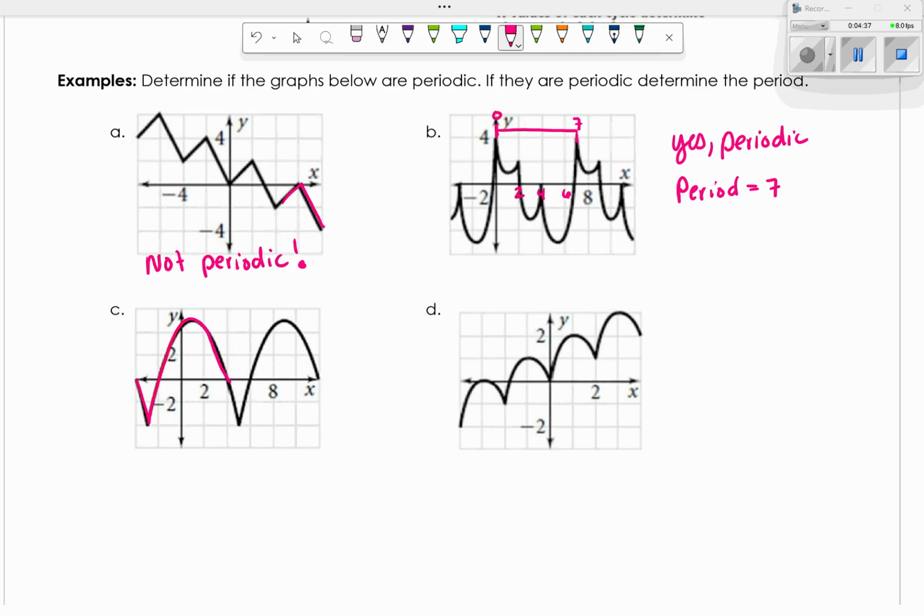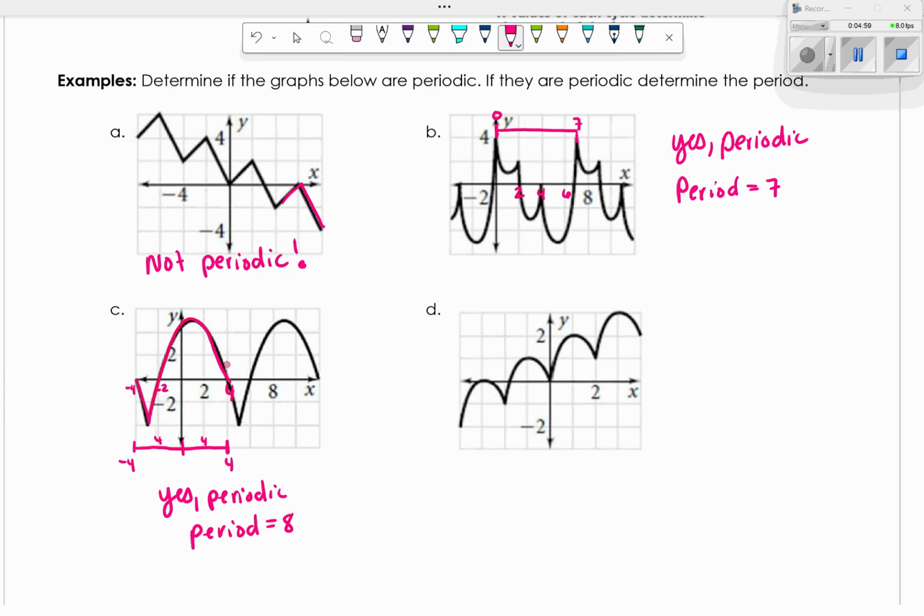What is that distance? Again, the scale is by 2, so this is -2, -4. So it's going from -4 and then all the way to here, which is at +4. So that's a distance of 4 and then 4. So the period is 8. So yes, periodic, and the period is equal to 8.